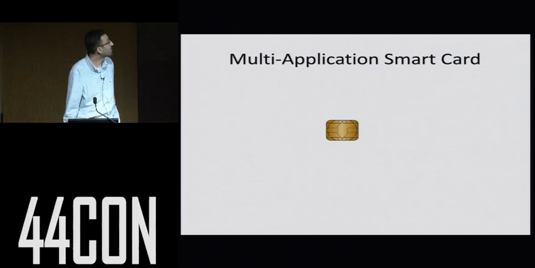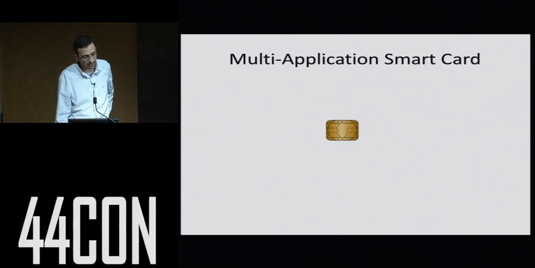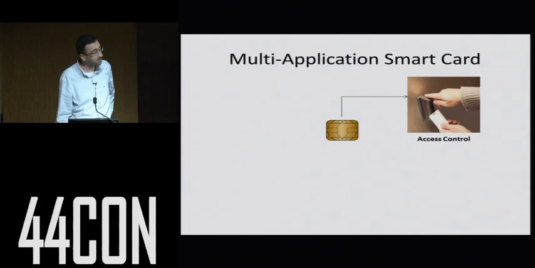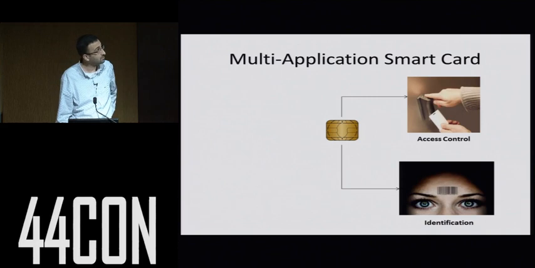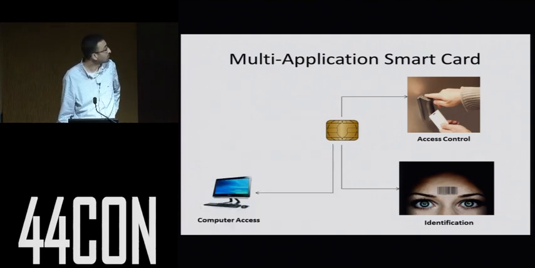And the other category is the multi-application smart cards, which, as the name implies, are capable of storing and executing different applications. It could be access control applications, physical access control. It could be identification. It can store your biometric data, fingerprints, an image, or logical access control, access to workstations, or remote access through a VPN.